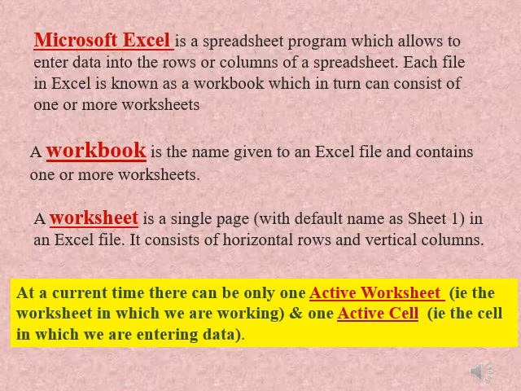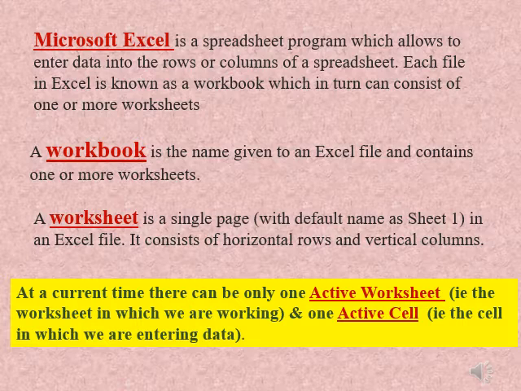By default, there is only one worksheet, but children, you can add more worksheets, you can rename the worksheets, and you can delete the worksheets. A workbook is the name given to an Excel file. A worksheet can be defined as a single page of a workbook.